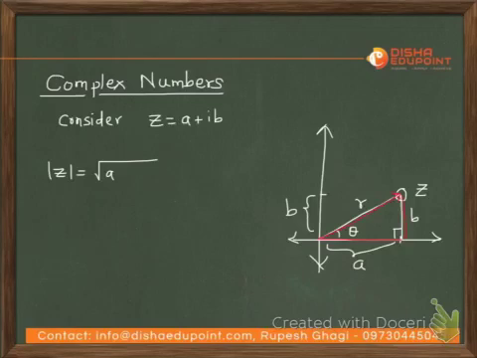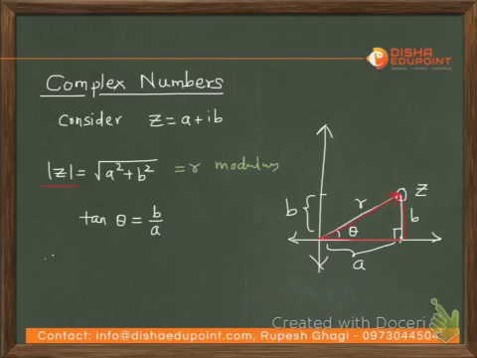But this r is nothing but the modulus of the complex number z. It is denoted by mod z. And this mod z is equal to under root of a square plus b square. This is the property of any complex number. Modulus of a complex number is equal to square root of real part square plus imaginary part square.